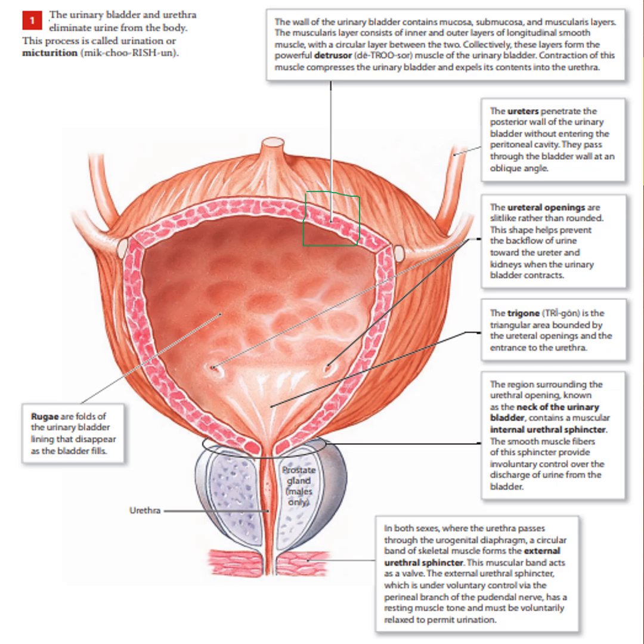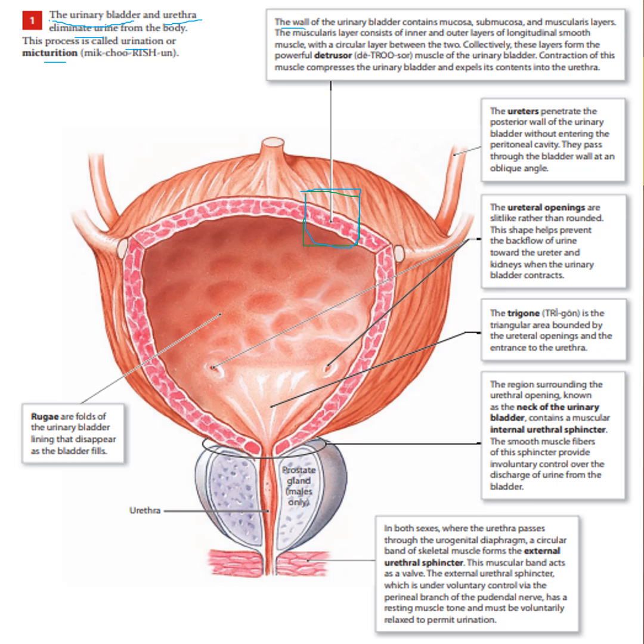Here in this image, we will learn about the urinary bladder and the urethra. The urinary bladder and the urethra eliminate urine from the body. This process is called urination or micturition. First, we'll talk about the urinary bladder's wall.